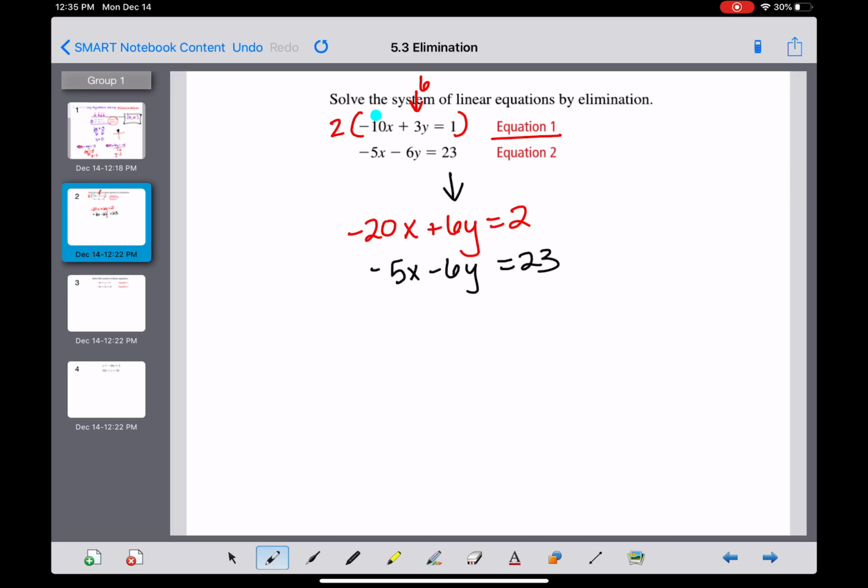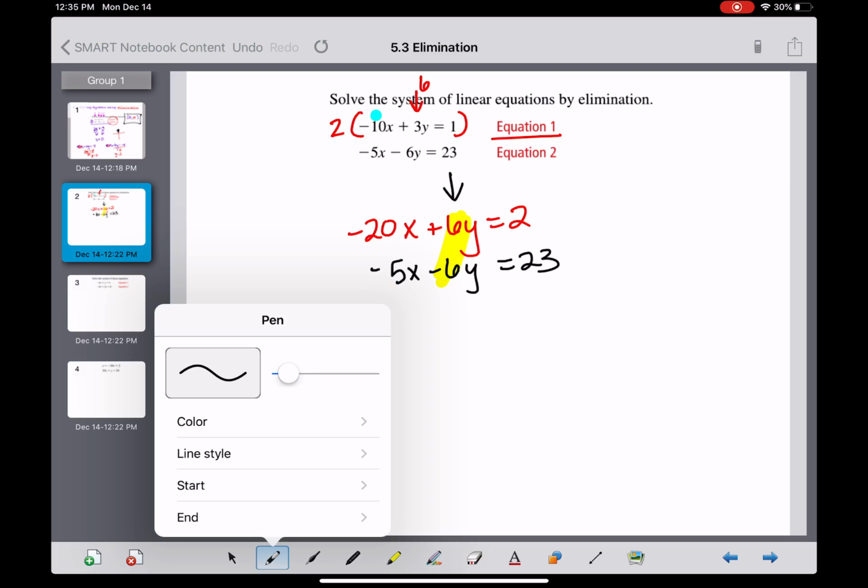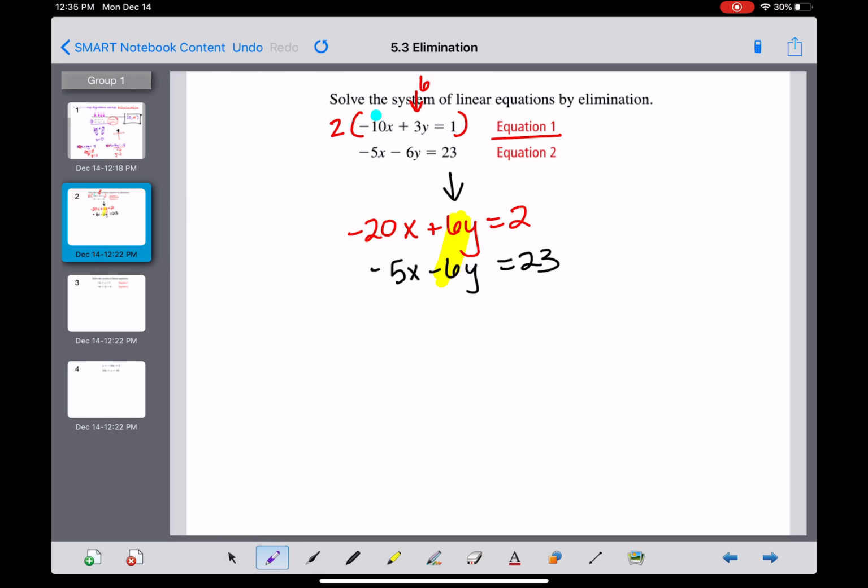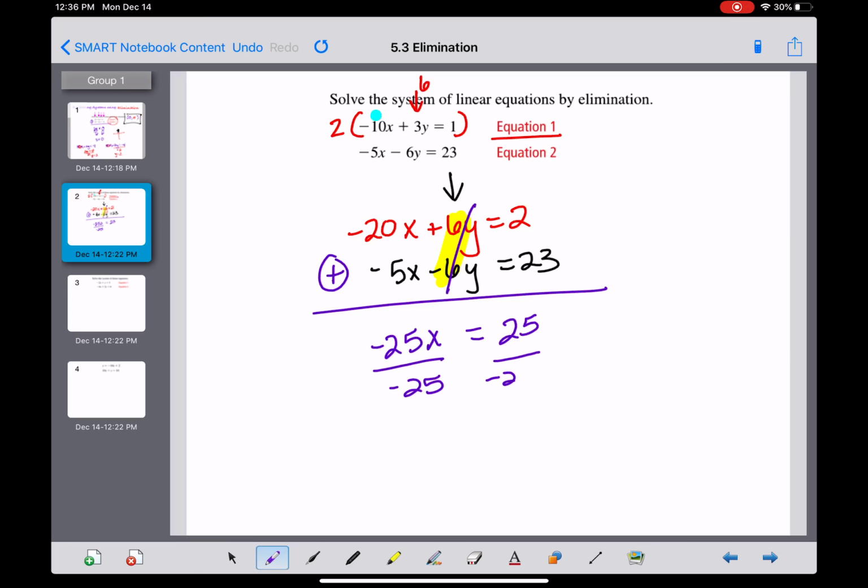Now that I have opposite values that can be eliminated, I'm going to add my columns together. So -20x plus -5x is -25x. My y's were eliminated. 2 plus 23 is 25. Once I divide out by -25, I get that the x value is -1.